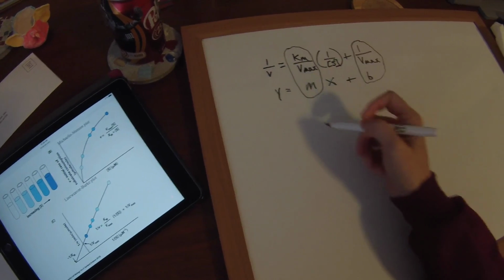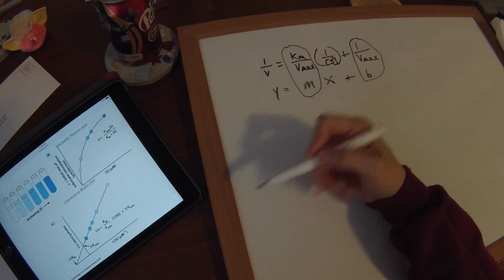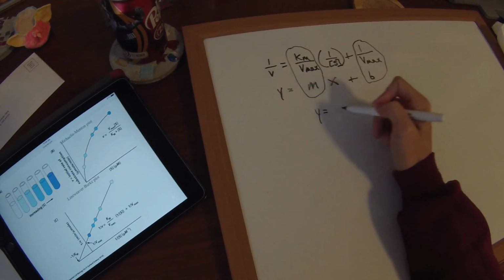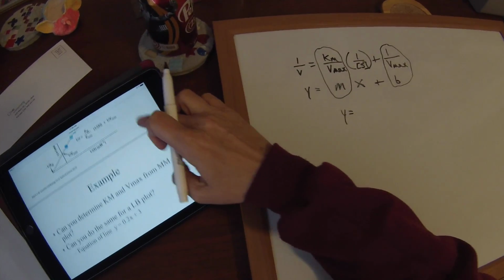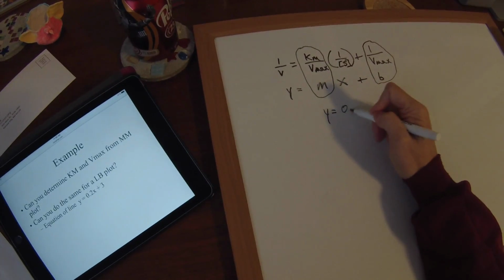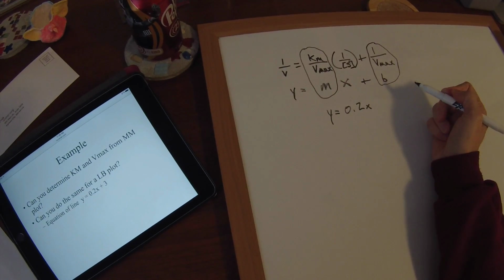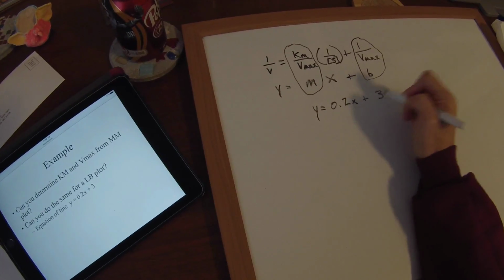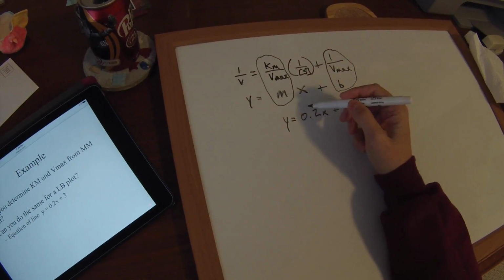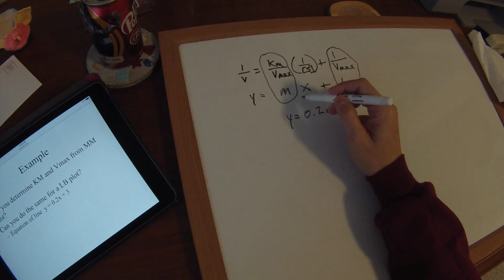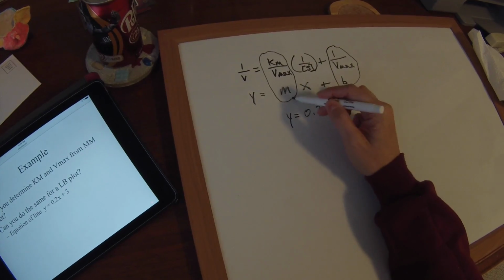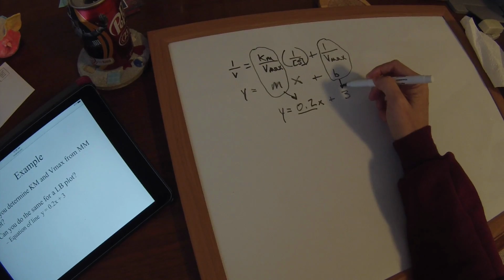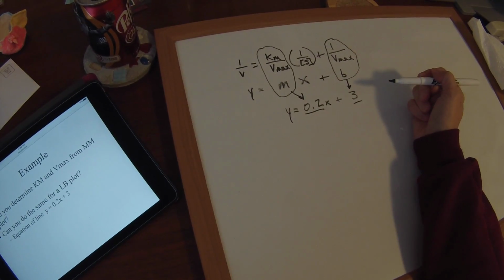So when you take the equation and figure out the numbers that go with it, the example on the next slide is y equals 0.2x plus 3. That means that you can set these terms as equivalent to one another.